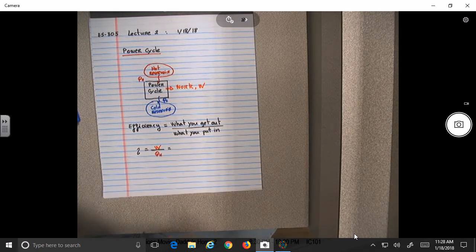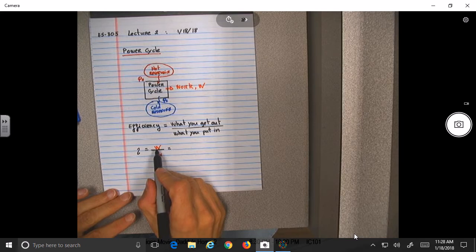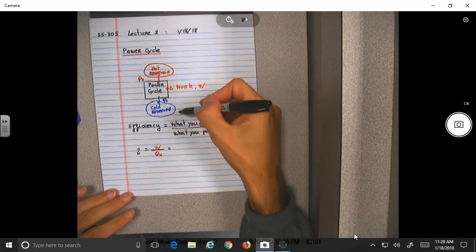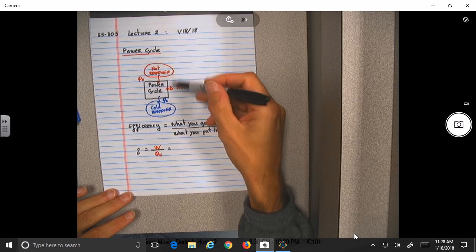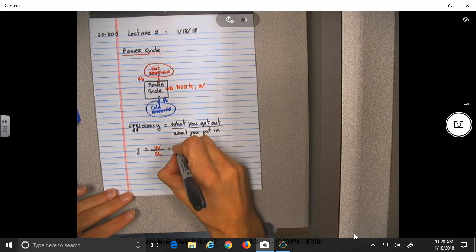Then, what do we say about the work? The work is proportional to what, or is equal to what? You're going to get more work if you have a bigger difference between these two reservoirs, no? So really the amount of work you can get is equal to what?